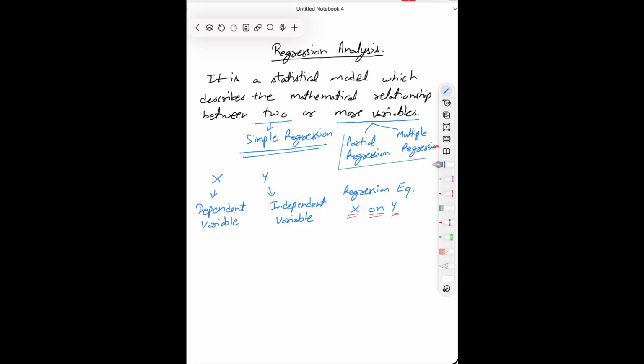Whereas, if our assumption is that the variable y is the dependent variable, that is, its value is dependent on the variable x, which is an independent variable.